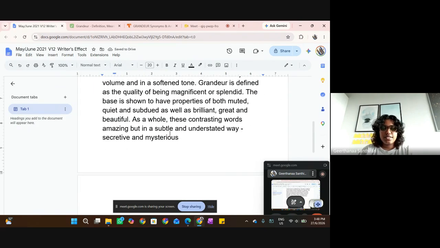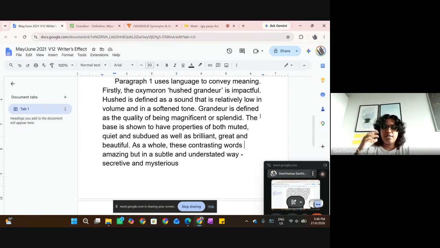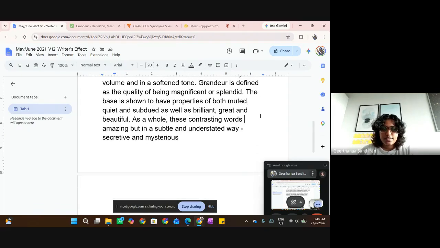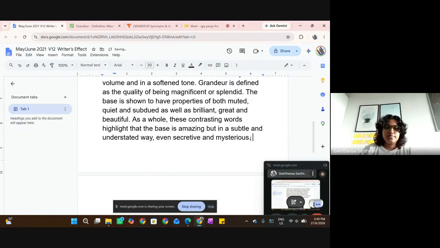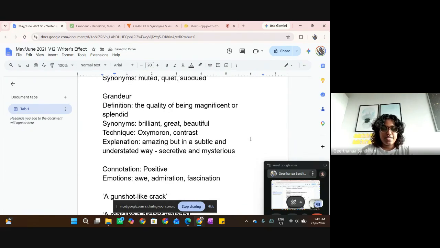So you should learn helper words: showcase, highlight, suggest, right? Memorize some of them, so you have some variety. Highlight that the bass is amazing, but in a subtle and understated way. Maybe you can say even secretive and mysterious. Done. We have that explanation.